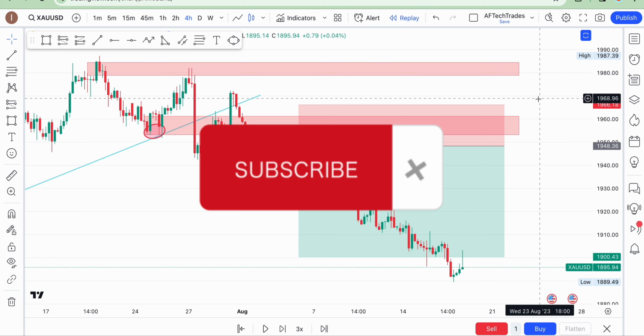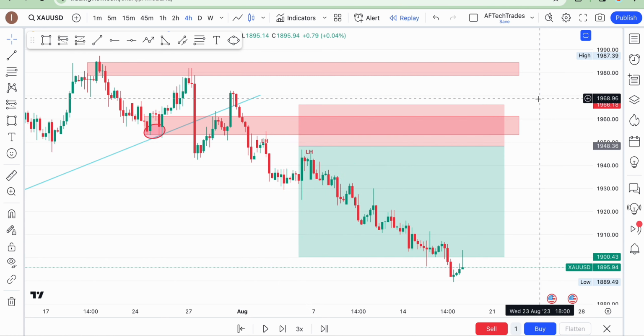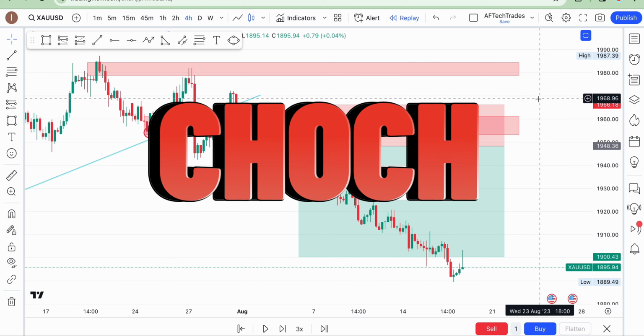So we always try to follow the opportunities. We enter, we call it sniper entries. We enter at the proper time to take maximum advantage of the market, right? So we can make good profit out of the market. So this is it about the smart money concept, the change of character, and the break of structure.